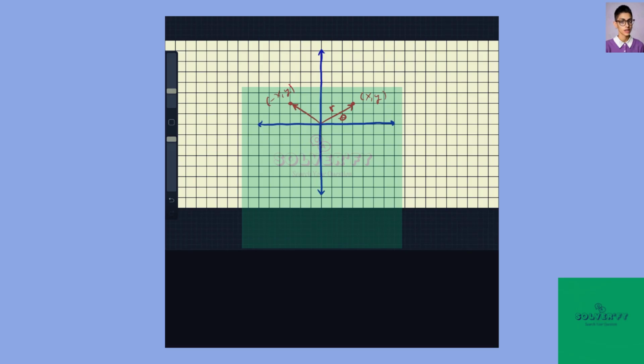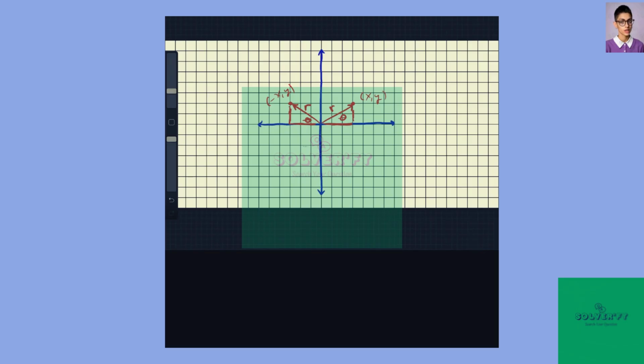And hopefully if we look at these as right triangles, we'll see that the height in both cases, or the y value of both cases, are the same. And the x value in both cases are the same. And so therefore, the length of the polar coordinate needs to also be r, because the other dimensions are the same. The angle, if we're looking just at that angle right there, that would be theta.